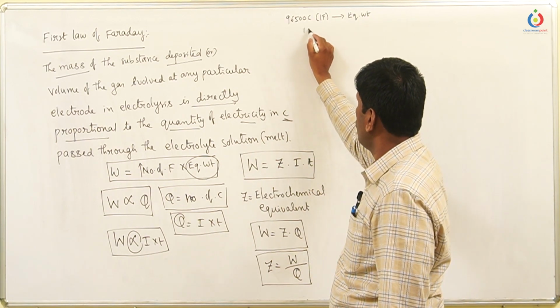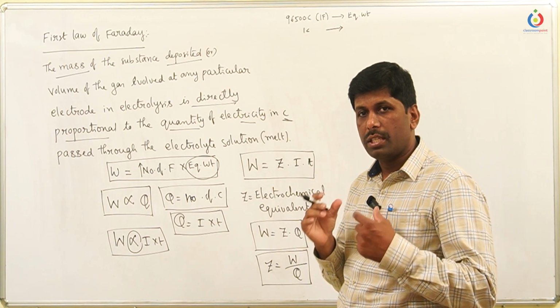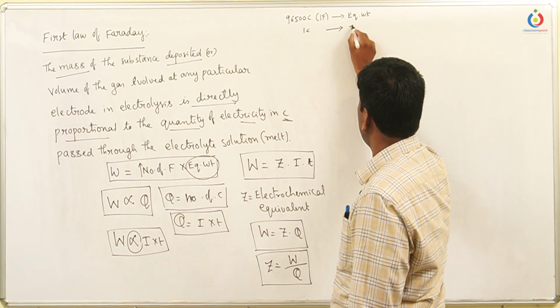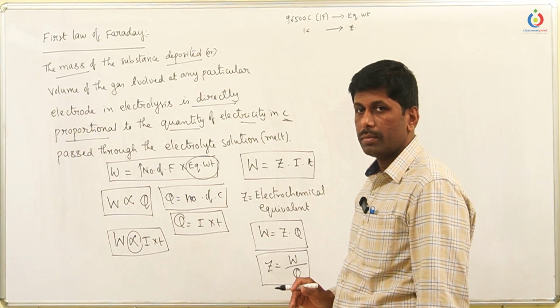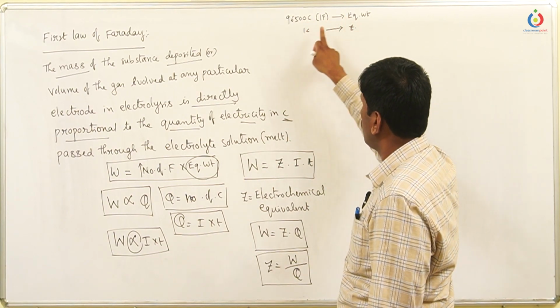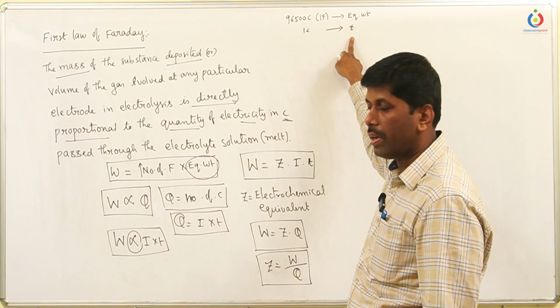But by sending only 1 coulomb of electricity, some mass of the substance also gets deposited. That mass is known as the electrochemical equivalent, Z. For 96,500 coulombs, the mass is called the equivalent mass. For only 1 coulomb, the mass of the substance is called the electrochemical equivalent.